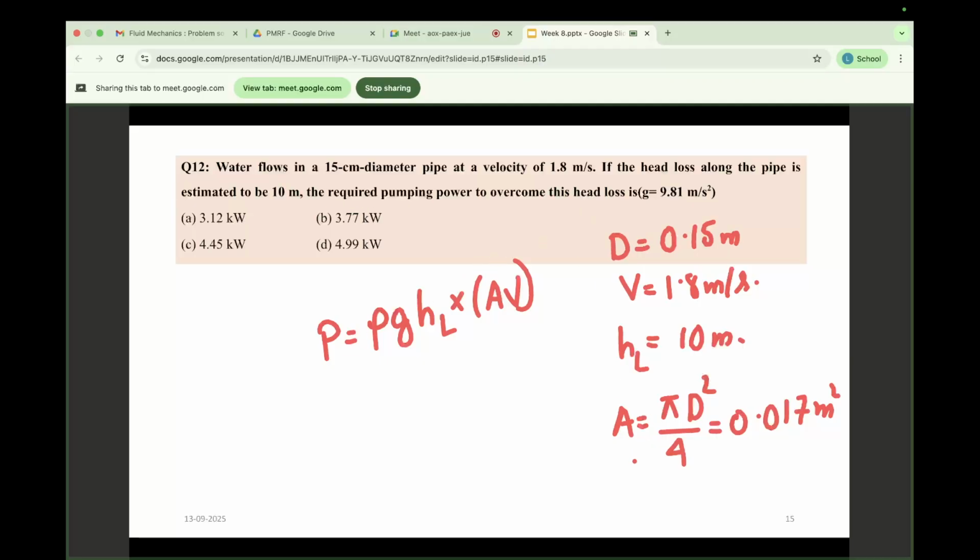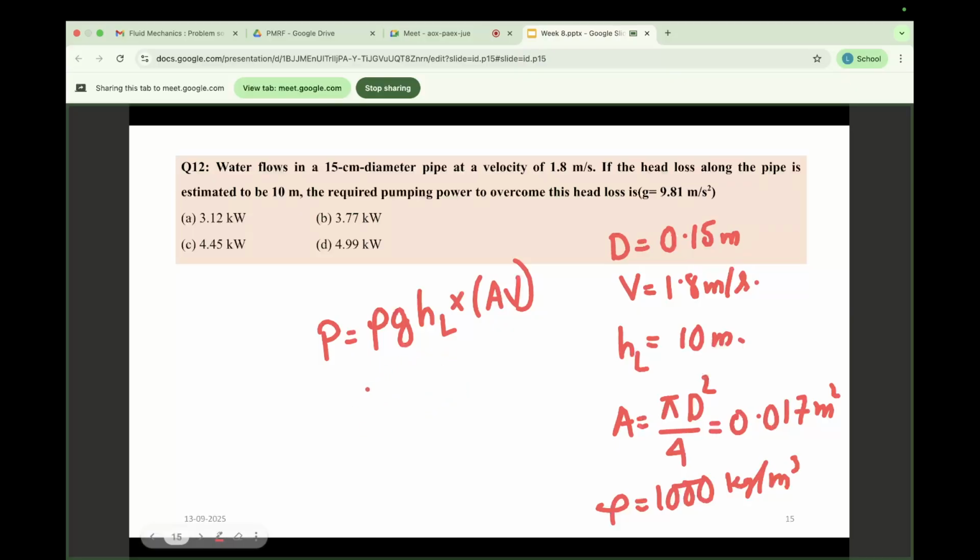It's water, so rho I know. This is 1000, right? Also g I know, it is 9.8.